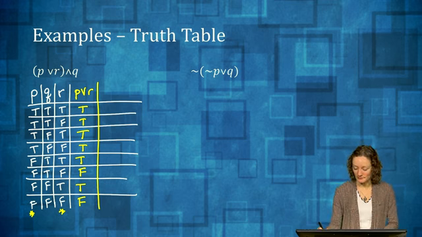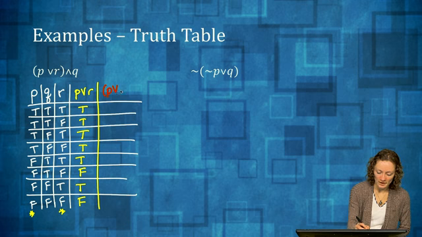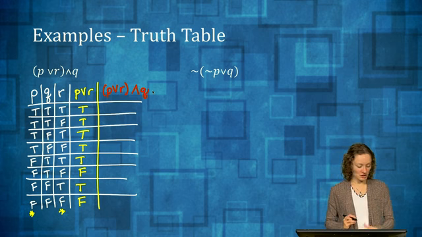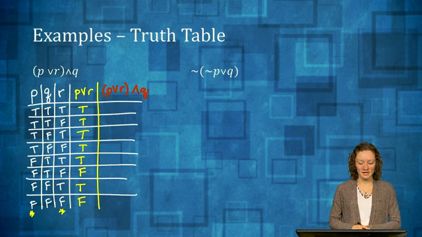So at this point, we can pull the whole statement together. We already have a column for P or R. And we're pulling that together with a conjunction and the idea Q. So I want to highlight, because I think this is important. In this row, this is what we're finding is ultimately the final column of the truth table.